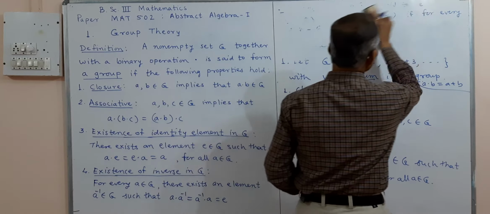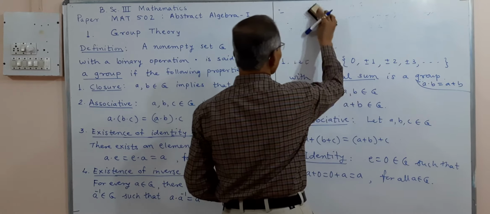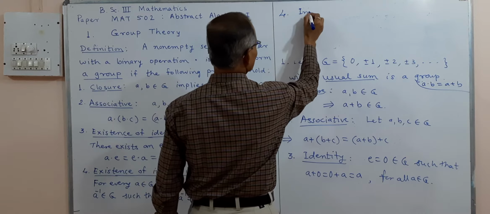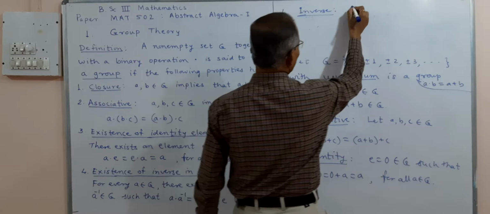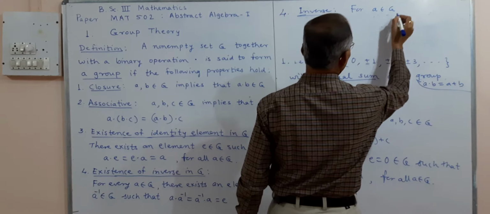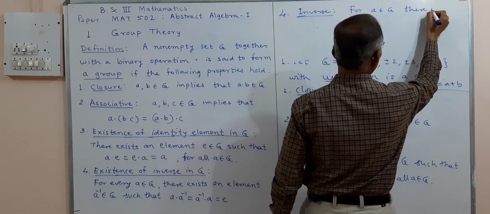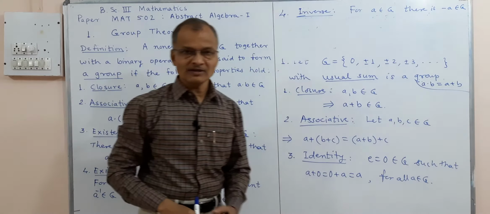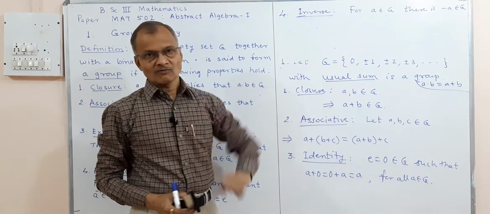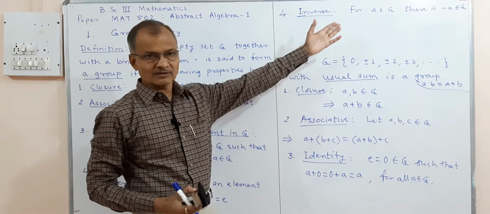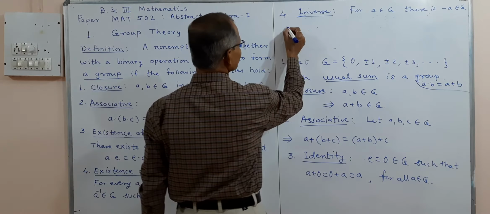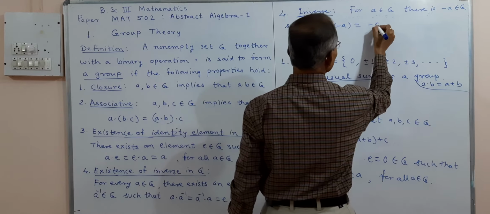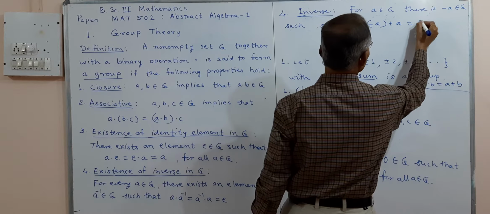Now for any element a belongs to G, there exists a inverse, here there is minus a belongs to G, because it is the set of all integers, and we have written plus minus 1, plus minus 2, etc. If a is there, minus a is also in G, such that a plus minus a is equal to minus a plus a, and that results in 0.